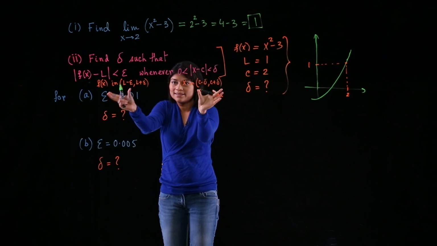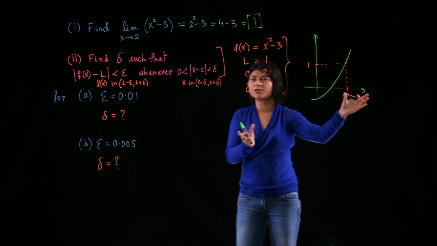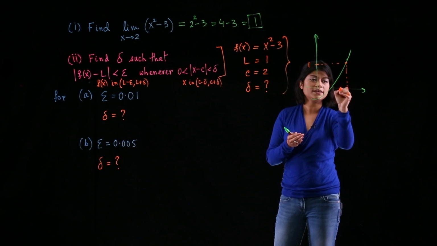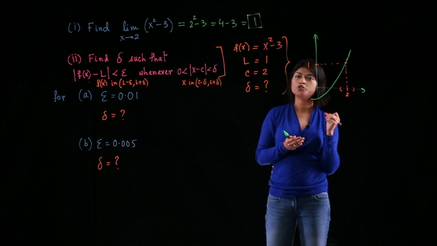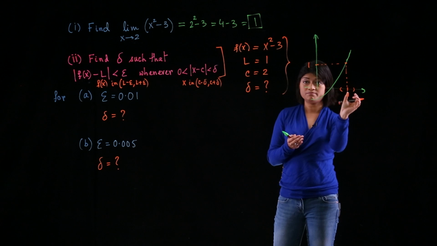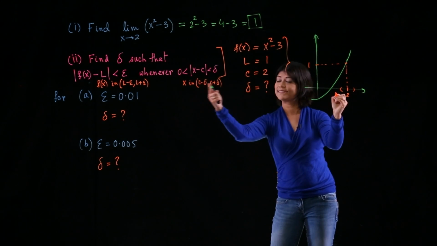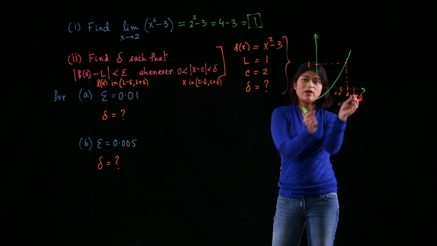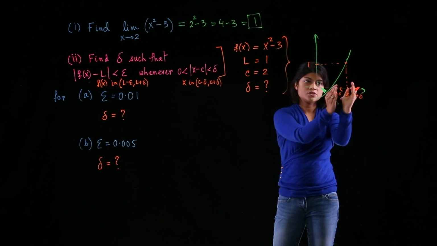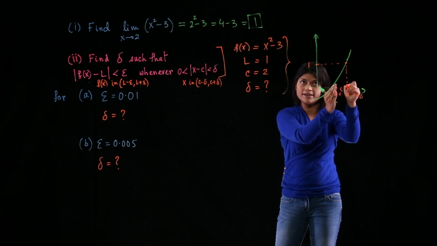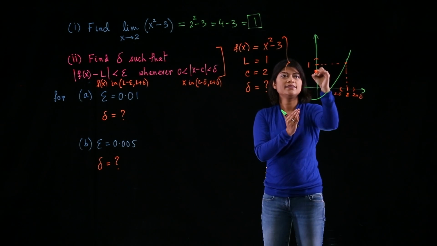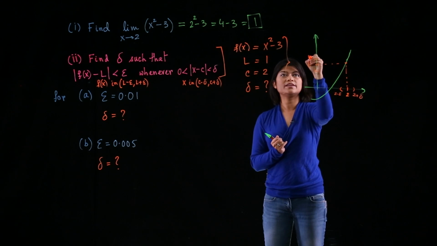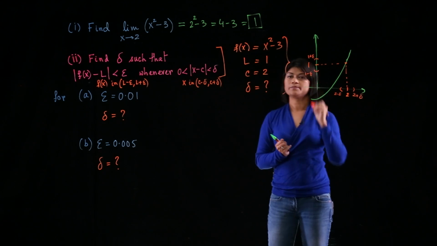So let's understand the interval notation in this picture. We want to find what interval is there around 2 with a radius of delta. So c minus delta, c plus delta, that's 2 minus delta and 2 plus delta. What is that delta length? When x lies in here, f of x will lie inside an epsilon interval of 1, so 1 minus epsilon, 1 plus epsilon.